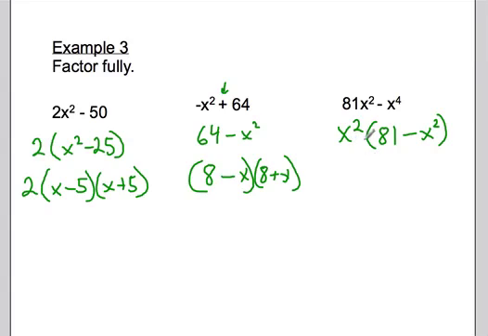Okay, so we're not done yet. We can also factor this expression in the brackets because it's a difference of squares again. So we have x squared, and root 81 is 9, so that's going to be 9 minus x times 9 plus x, and that is our fully factorized form of the expression.